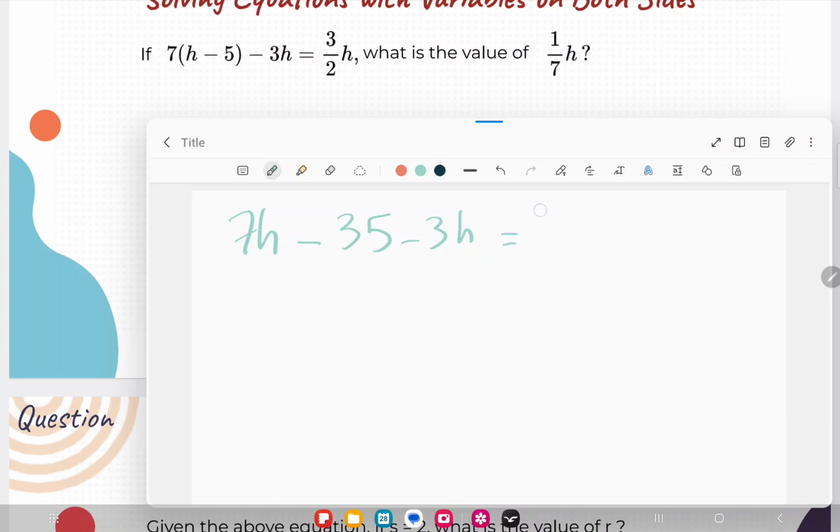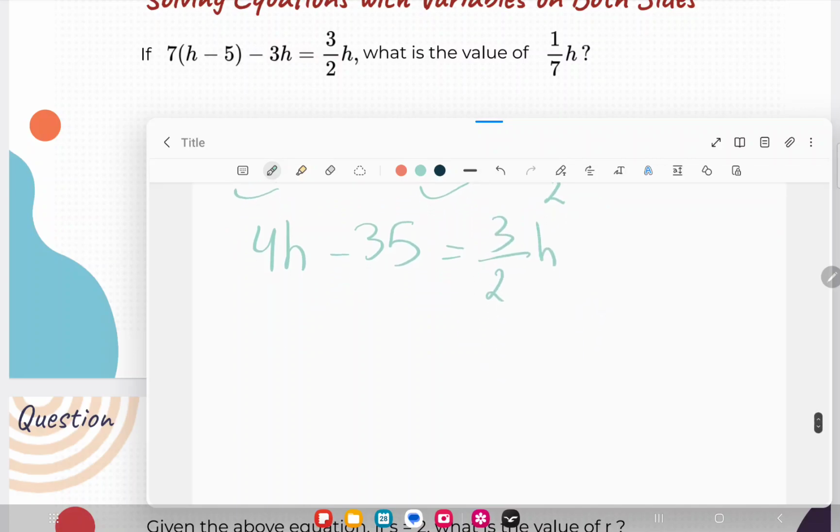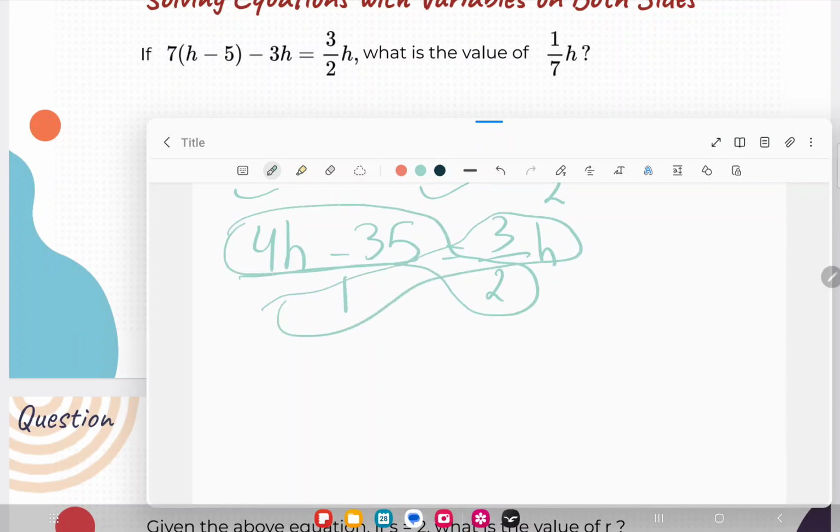So is equals to 3 over 2h. So 7 minus 3, it's 4h. Minus 35, it's equals to 3 over 2h. So now all of this is over 1. So I'm going to take this one and take this one.